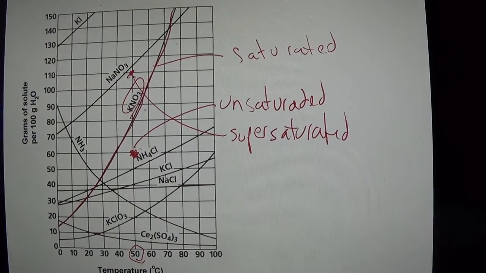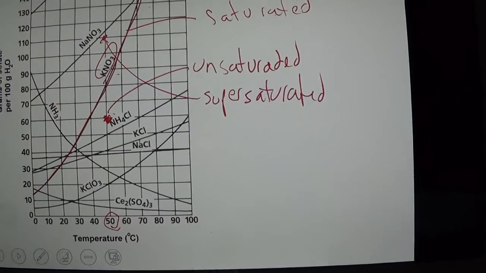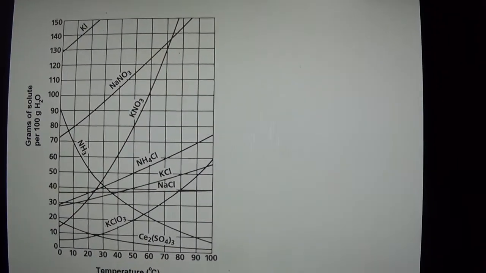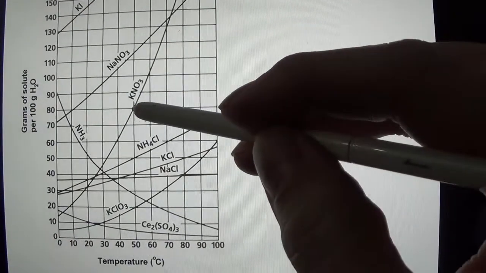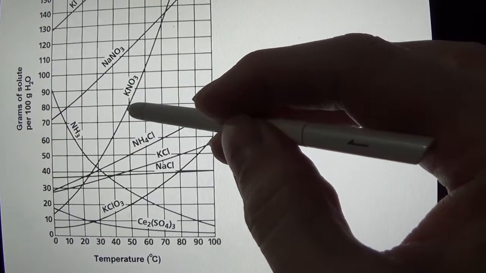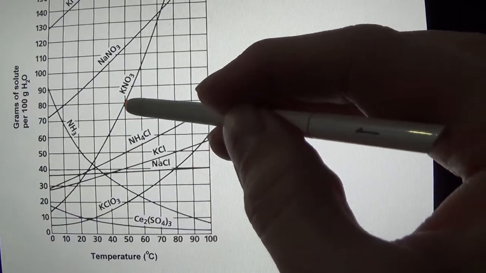So let's clear the board. Let's clear the board and let's look at some other more specific questions. Again, let's just take this convenient point of potassium nitrate, 80 grams and 50 degrees Celsius.